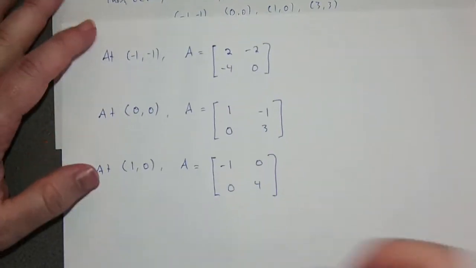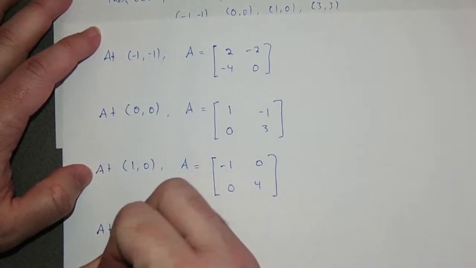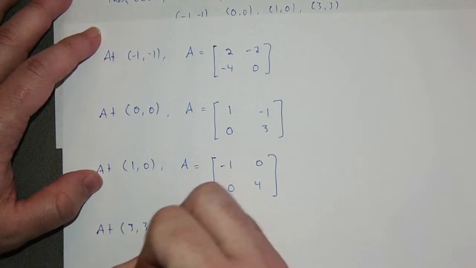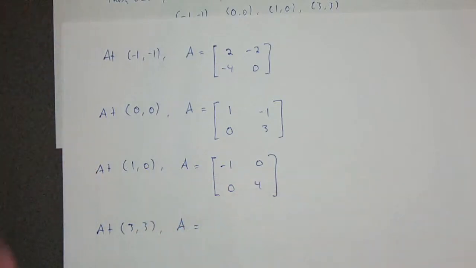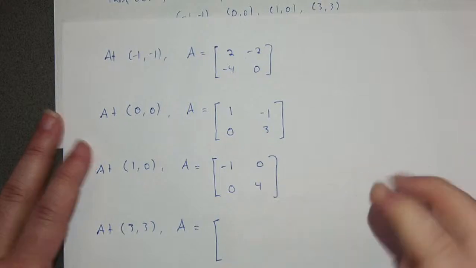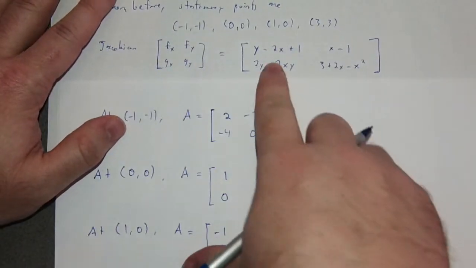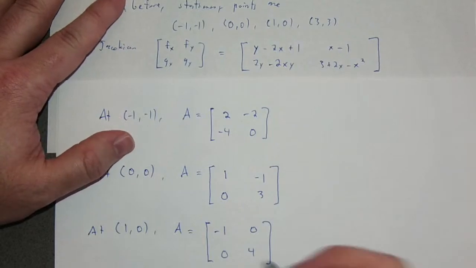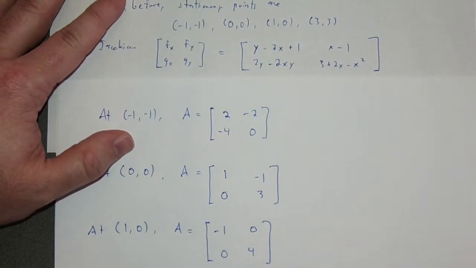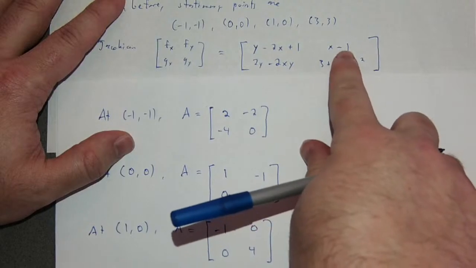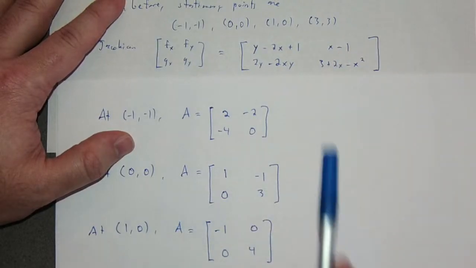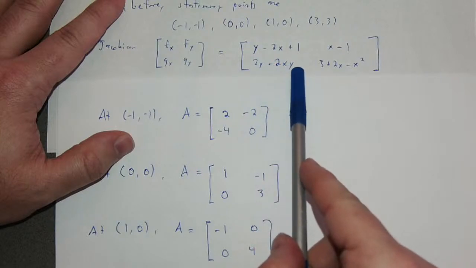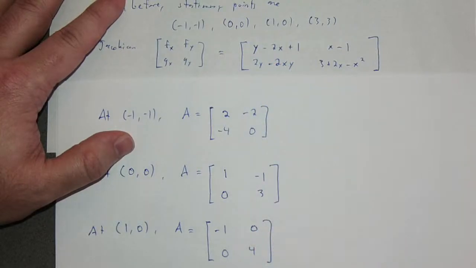And then at (3, 3), this matrix is 3 minus 6 plus 1, so that's -2. Then 2 times 3 minus 2 times 3 times 3, it's -12.